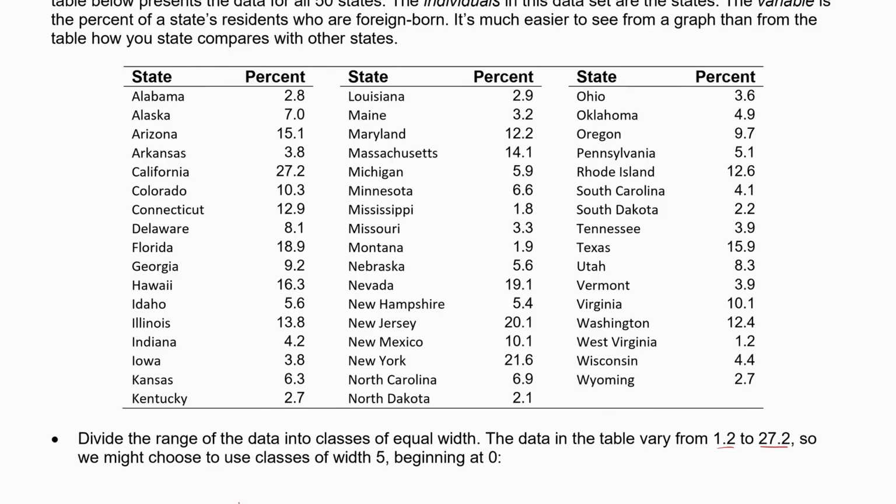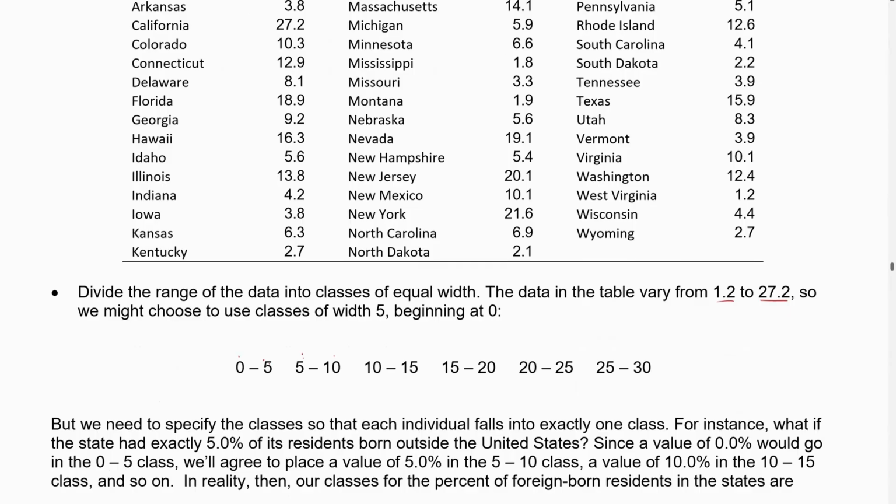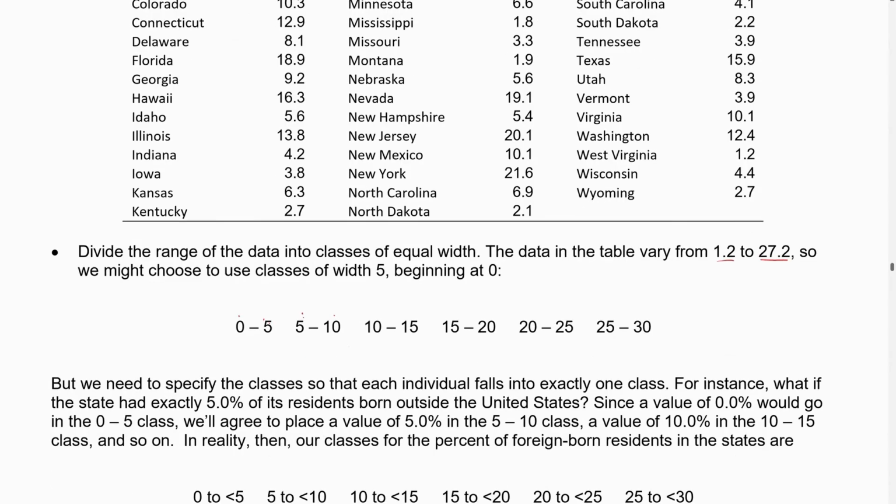So 0% to 5%, 5% to 10%, etc. There's only one problem with this: what do you do with something that's exactly 5%? Which class does it belong to? We say that we include the number at the low end, but don't include it on the upper end. So something that was exactly 5% would end up in this group, not in the previous group, because 5 belongs here, but it's excluded there.